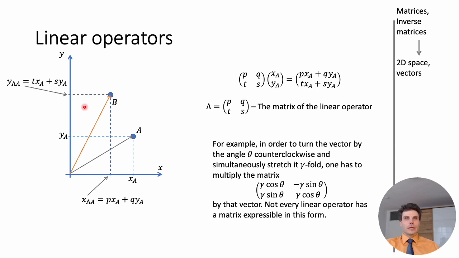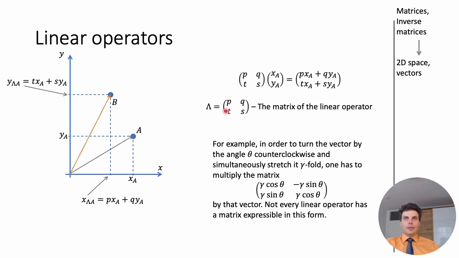How to write it down more concisely? We can represent the linear transformation lambda as a matrix of p, q, t, and s, and then by multiplying this matrix by the original vector a, we will obtain exactly the output vector that is shown here in this picture.